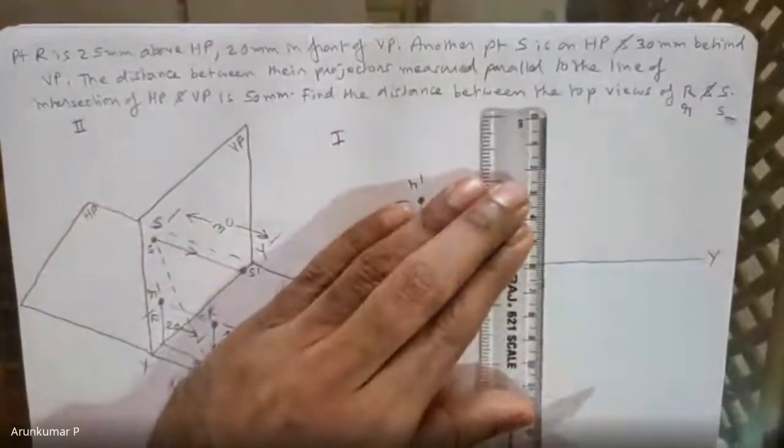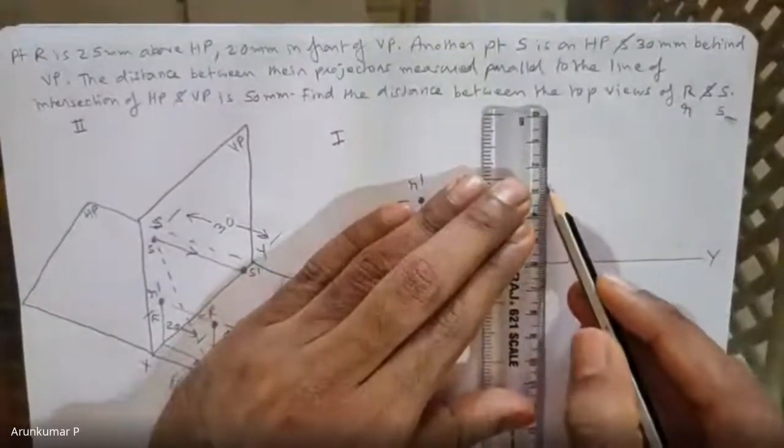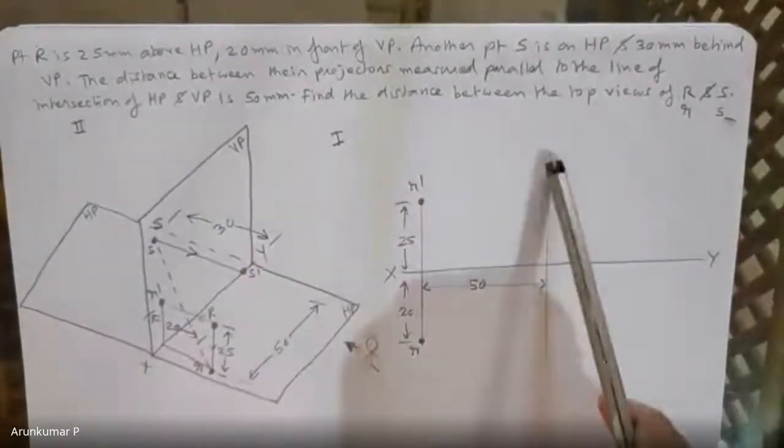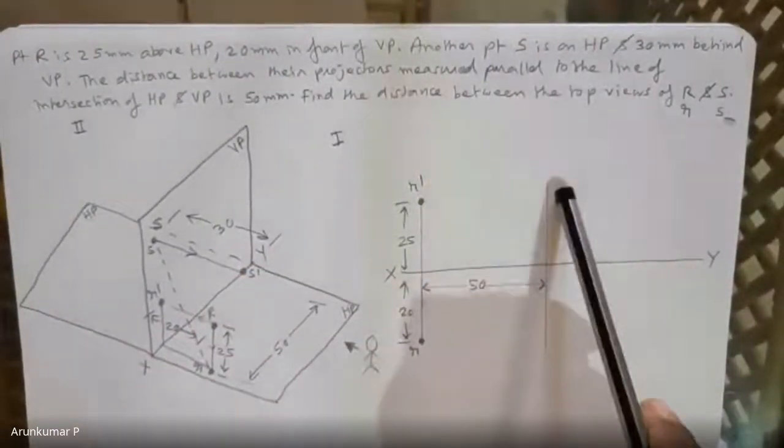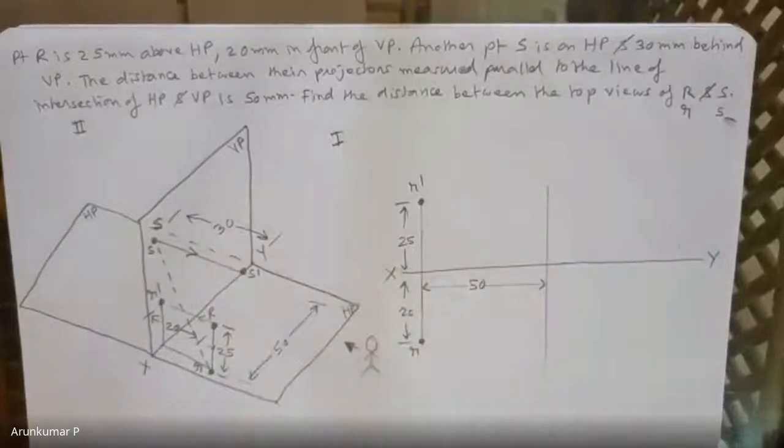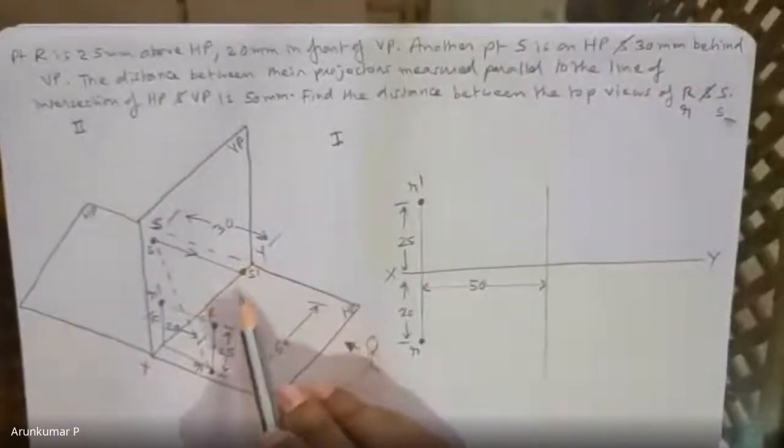Draw a vertical projection line. Somewhere on this line, I'll get the front view and the top view of S. So where is the front view of S?